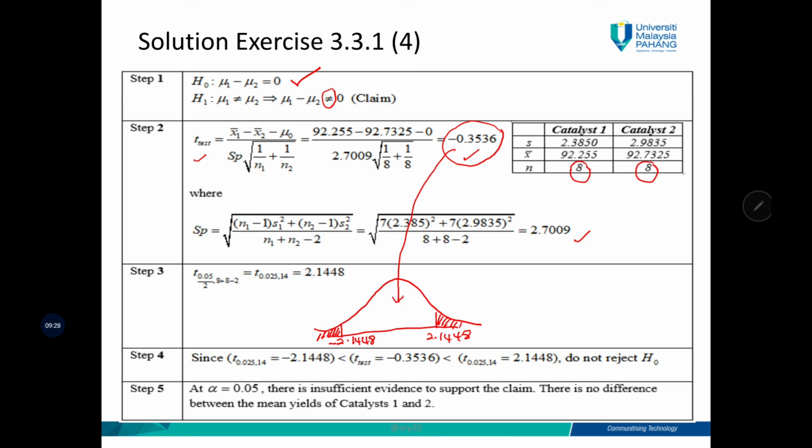We can say that there is no difference between the mean yields of catalyst 1 and 2. In the conclusion, don't forget your significance level. You need to put the significance level here. For the other questions, you can consult your lecturer.